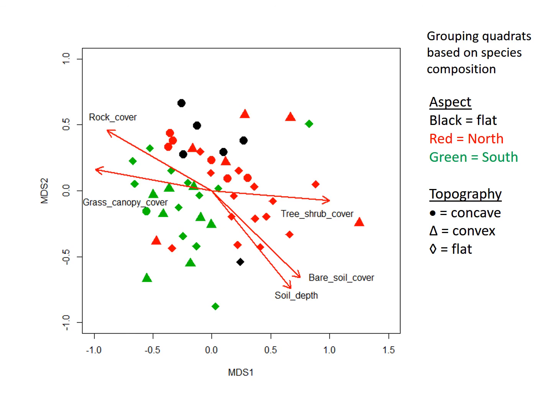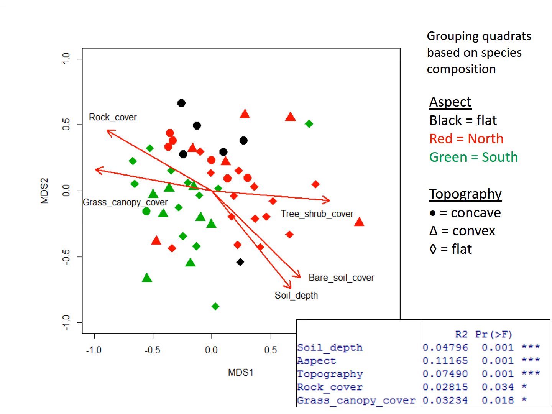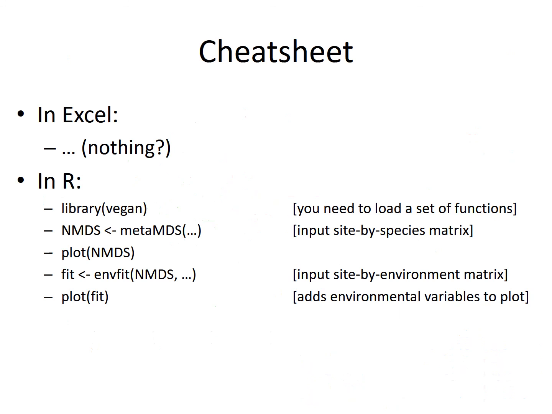The inverse is of course true for the tree shrub cover. We can test this statistically also. For example, we see that grass canopy cover indeed is significantly better than chance at explaining variation in species composition.